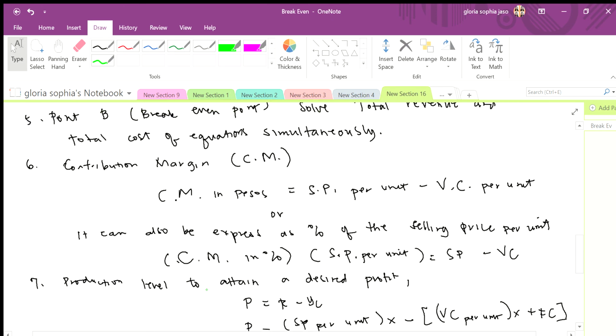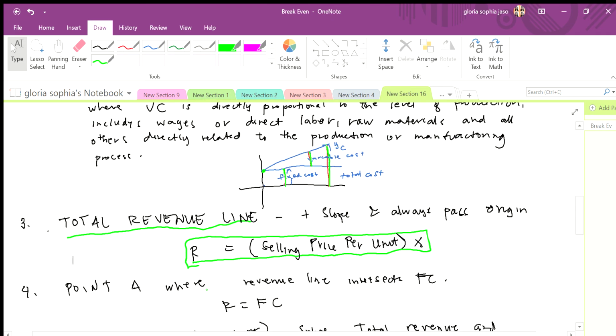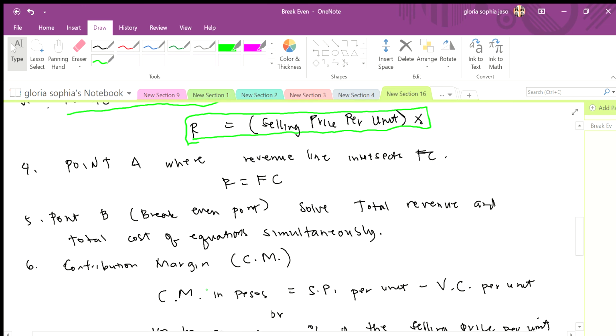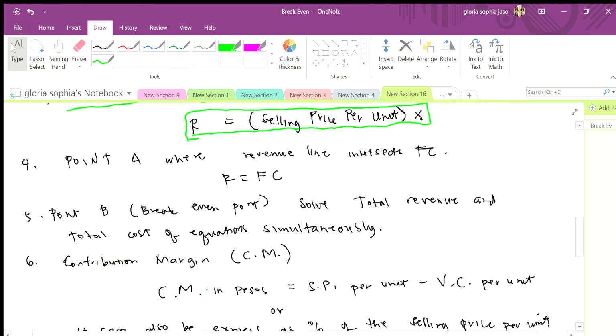Next is the point A on the graph. The point A is where the revenue line intersects FC, or we can solve for that point when we equate the revenue equation to the fixed cost value.